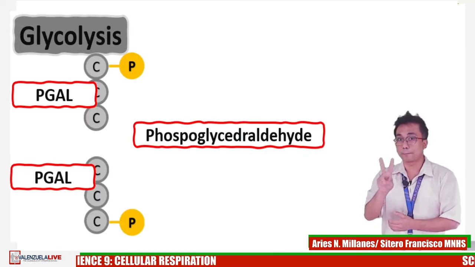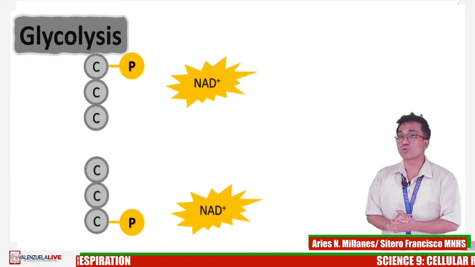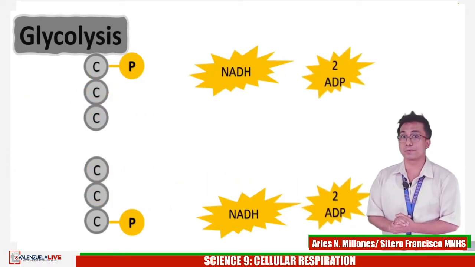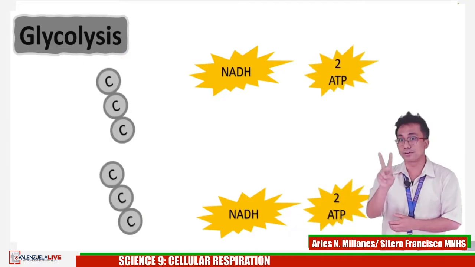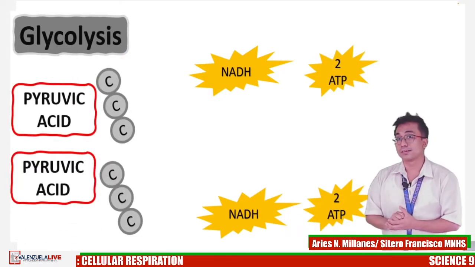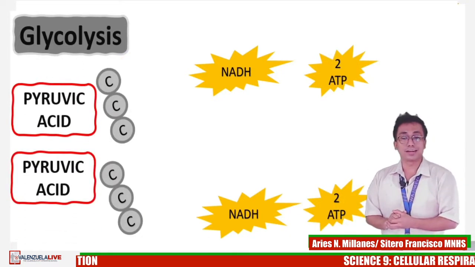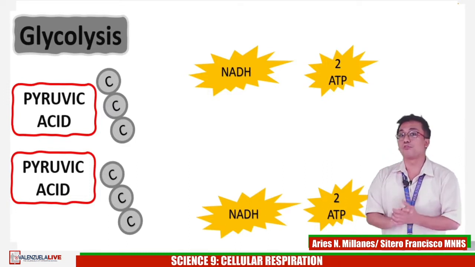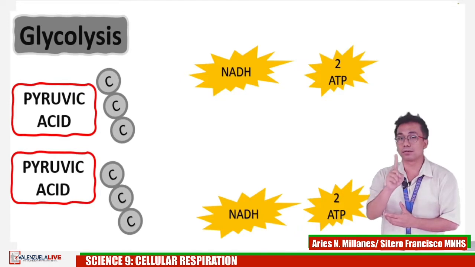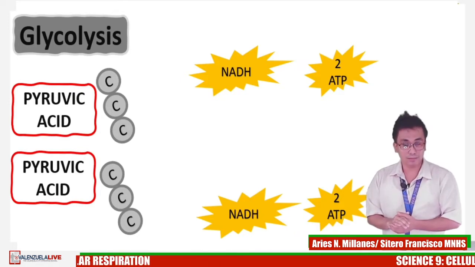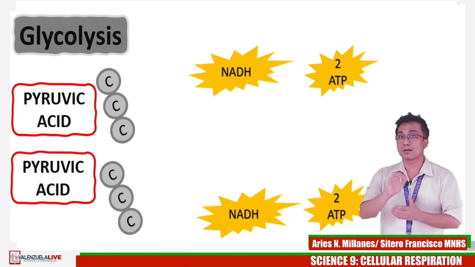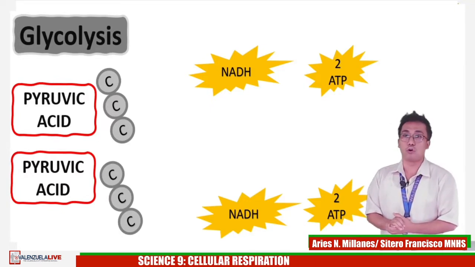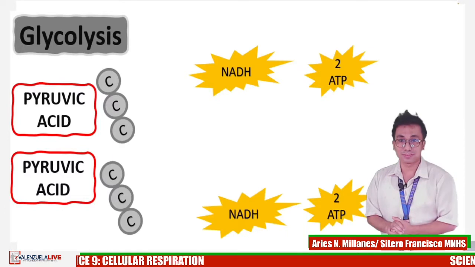The 2 PGAL molecules go through a series of chemical reactions and produce 2 pyruvic acids. In this stage, glycolysis produces 4 ATPs for every 1 molecule of glucose, or 4:1.